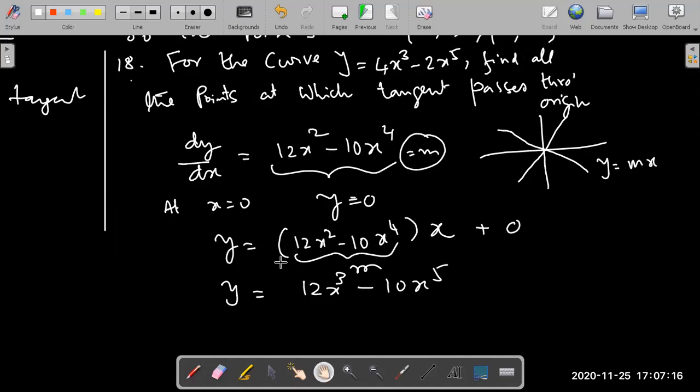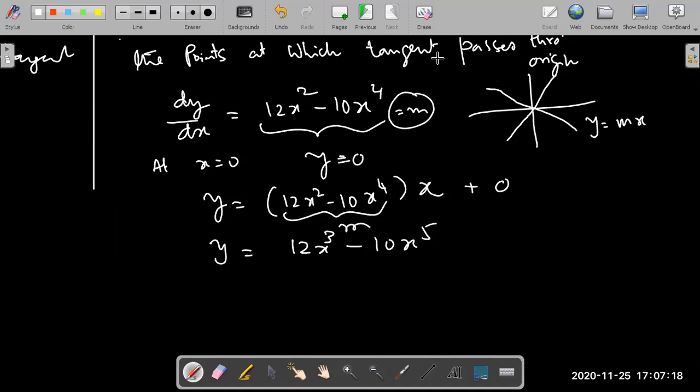But y is nothing but the curve, right? So 4x cubed minus 2x to the power of 5 is the one you should be substituting into this. So 4x cubed minus 2x to the power of 5 equal to 12x cubed minus 10x to the power of 5.